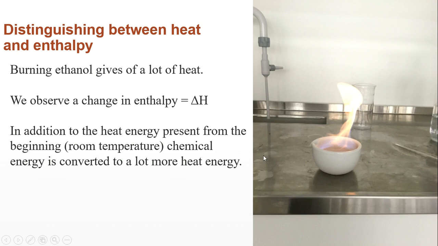So even though it wasn't very warm, it was just 20 degrees, it had a lot of potential to give off heat. So it had a lot of enthalpy in total. We cannot, of course, measure the total enthalpy it had, but rather we can measure how much enthalpy is being released as this reaction progresses.